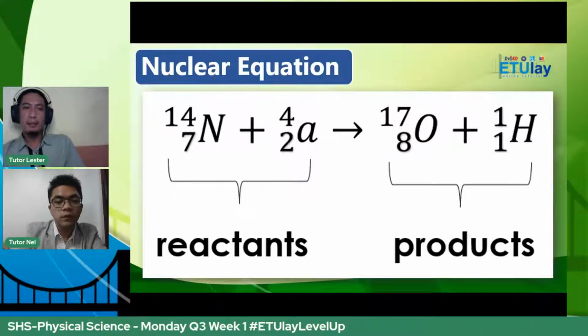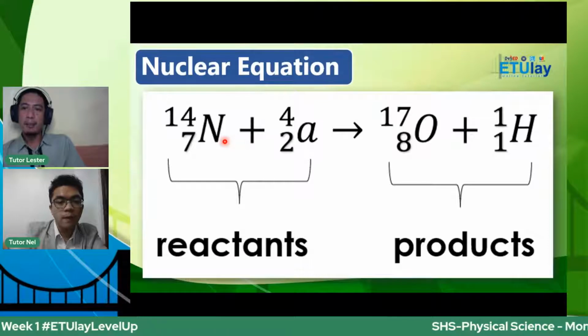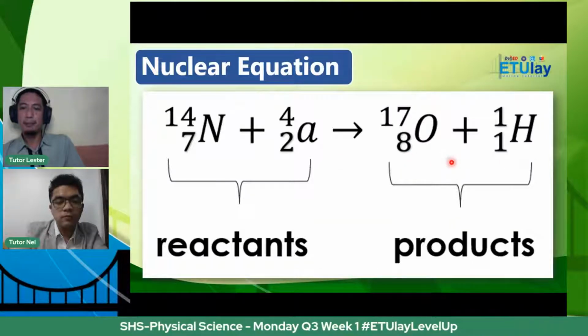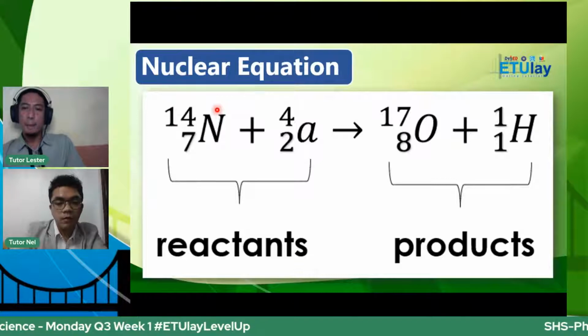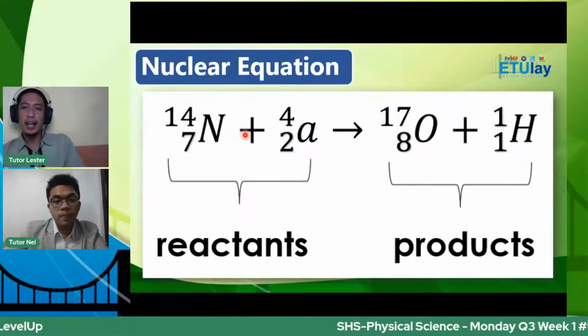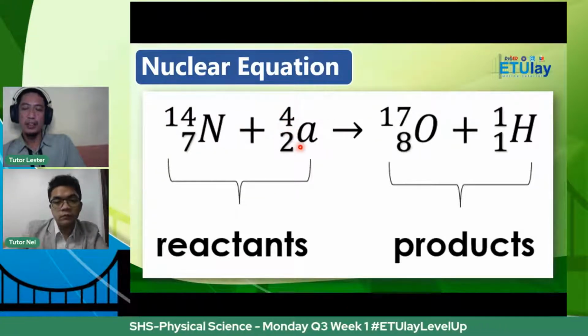So, para mabalanse po natin ang nuclear equation, dapat balanse po ang atomic number in both the reactants and the products. In this example, we have nitrogen-14 that fuses with an alpha particle, which is the nucleus of a helium atom.